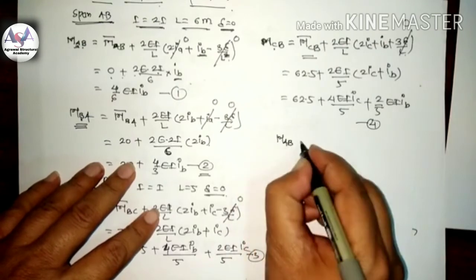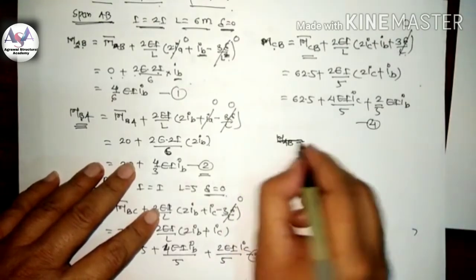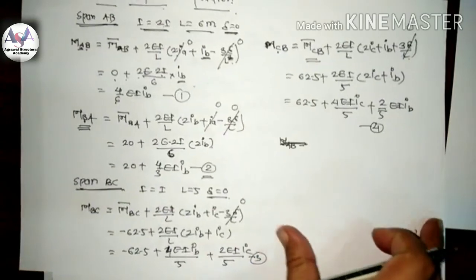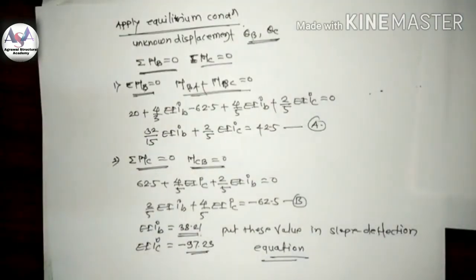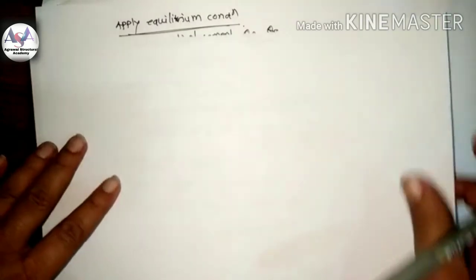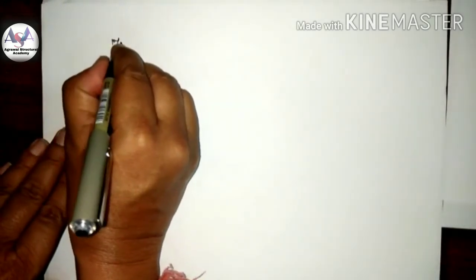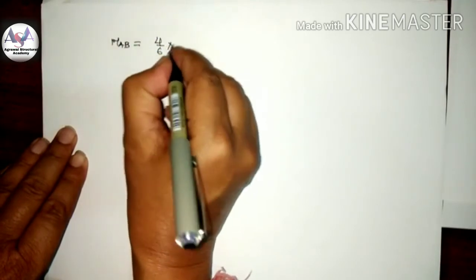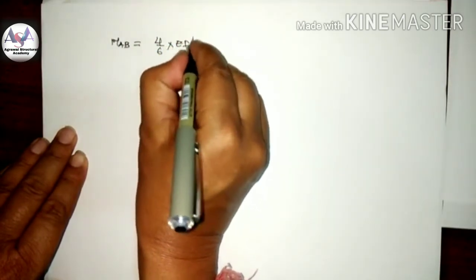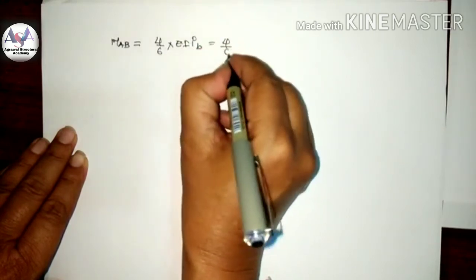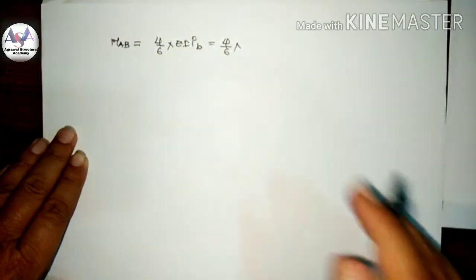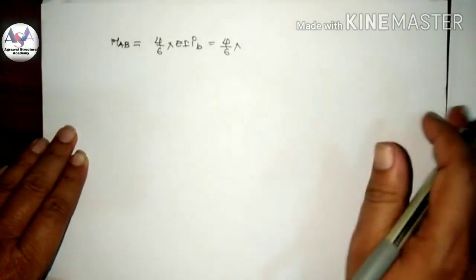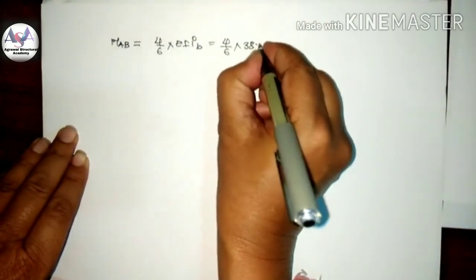MAB, take as a sample. MAB is equal to 4/6 into EIθB. So put here 4/6 into 38.21.